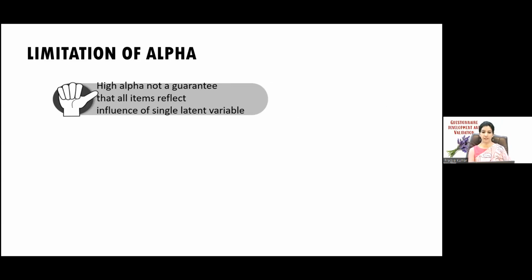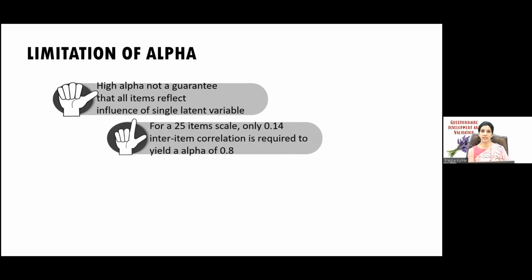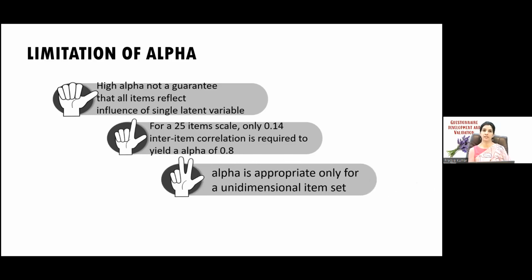Another limitation is that as you increase the number of items, the alpha value increases. So for a 25 item scale, even if only 0.14 inter-item correlation is there, it will yield an alpha of 0.8. So again, it is a limitation.